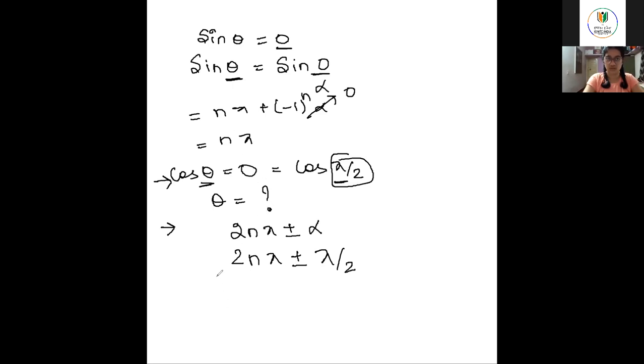Okay, let's see that. Sin theta is equal to 1, correct? Fine, this is okay. Now, this can be written as n pi plus minus 1 to the power n, alpha. Alpha is pi by 2.